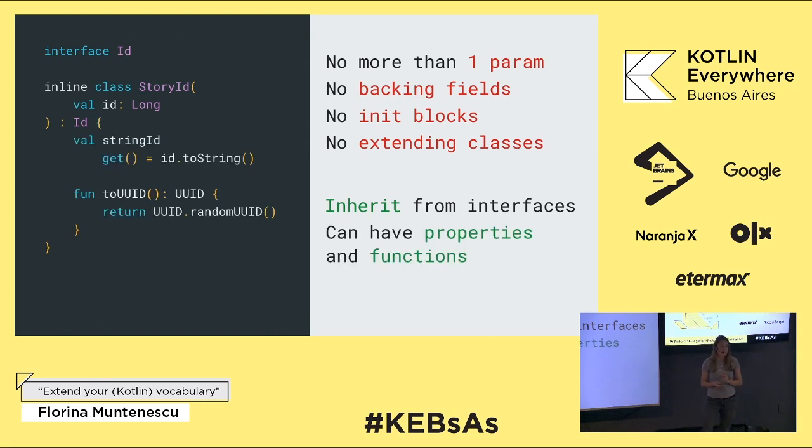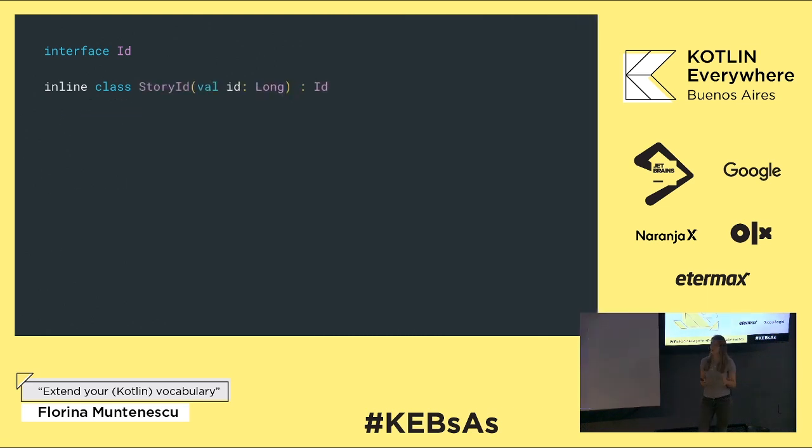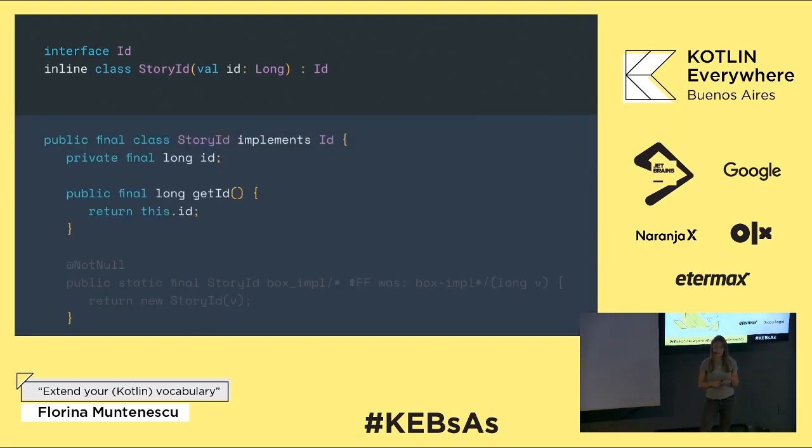Okay. So let's see what happens with inline classes and why they are useful. We said that we have an interface ID and an inline class that just wraps an ID. What's the magic there? If you look at the decompiled code, we see that StoryId is just a final class that implements ID, that gets a long ID as a parameter and as a member, and then has a getter for it.